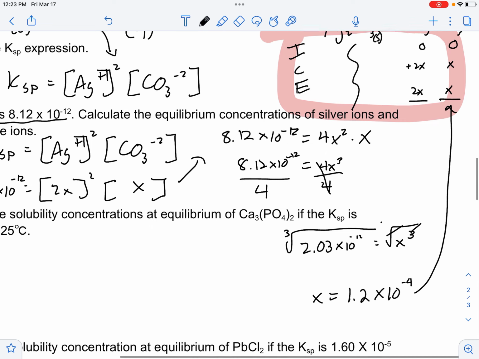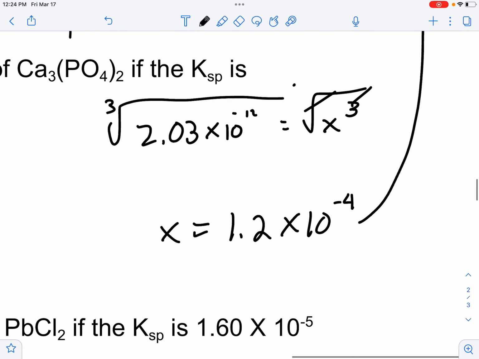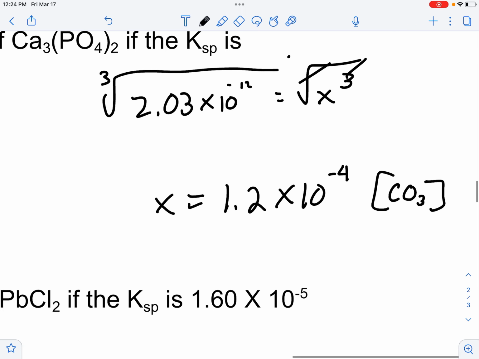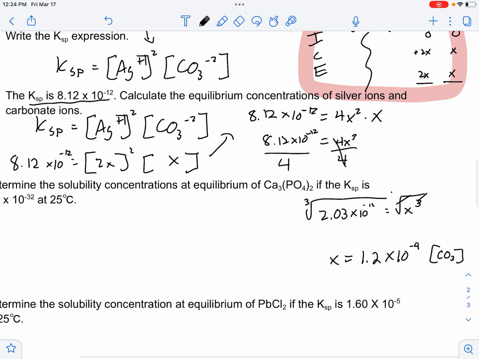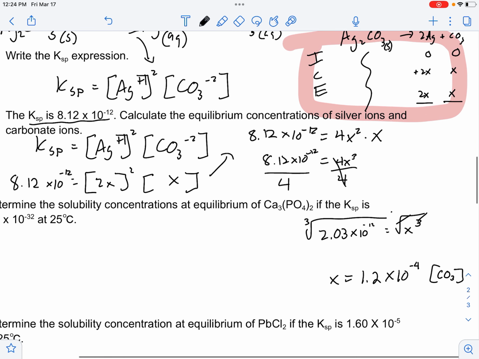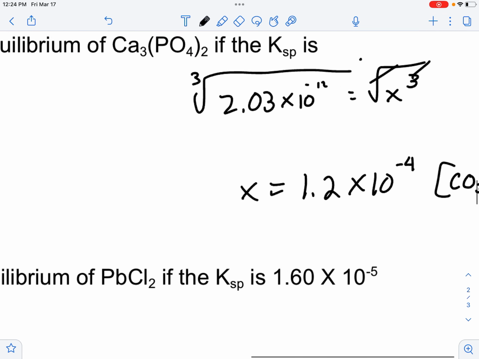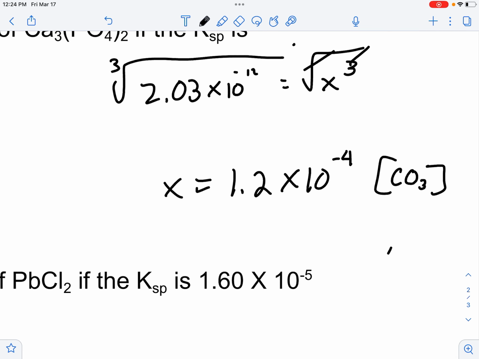It was CO3, right? So in reality, what this value is showing us is the molar concentration of CO3. Okay, and what value was your silver ions? It was 2x.